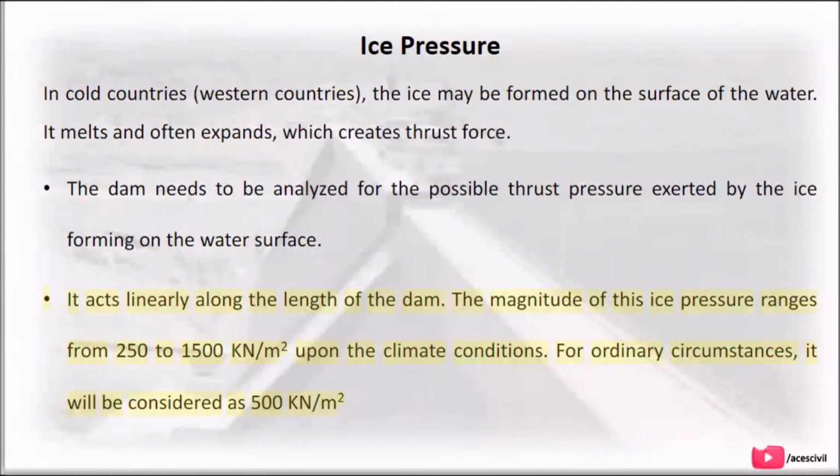It acts linearly along the length of the dam. The magnitude of this ice pressure ranges from 250 to 1,500 kN/m2 depending upon the climate conditions. For ordinary circumstances, it will be considered as 500 kN/m2.